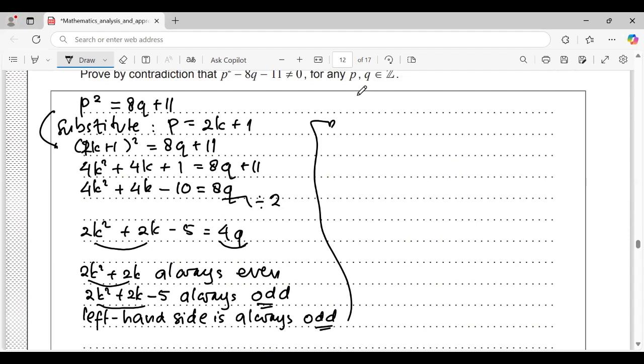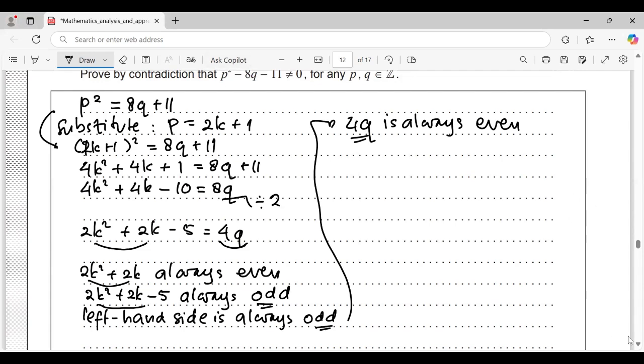Okay, now I move here. The right-hand side is 2q. 2q is always an even number. Why? Because this term is divisible by 2. So there is a contradiction.